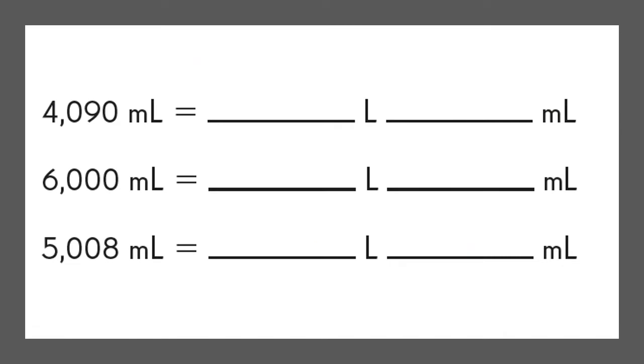This time we're going to be taking our milliliters and converting them out to liters and milliliters. So whatever's not in the thousands, this leftover has to stay with milliliters. So watch that. That means we're going to have 90 milliliters, and I have 4,000, so that's 4 liters. Look at this one, this one's kind of fun. 6,000 milliliters.